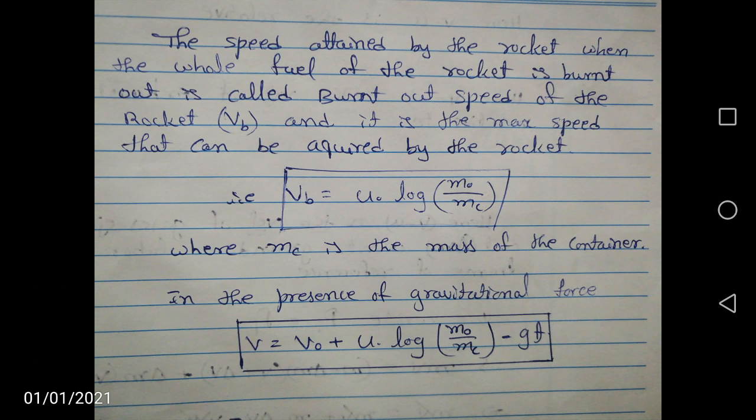And one more thing, in the presence of gravitational force, the velocity of the rocket is V equals V0 plus u log (m0 by mc) minus gt. Here V0 is the velocity of the rocket at time t equals 0 and u is the velocity of the gases ejected in the downward direction. So this is about the velocity of the rocket with the help of the law of conservation of linear momentum. Thank you.